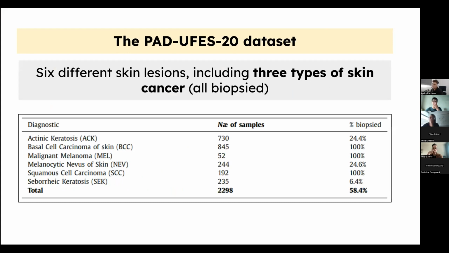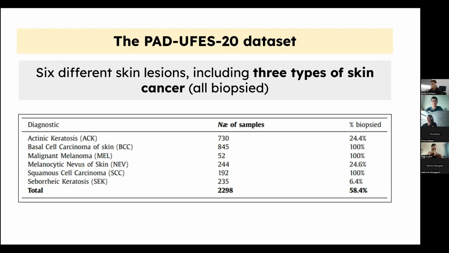The dataset contains 6 different types of skin lesions, including 3 types of skin cancer. As you can see in this table, all cancers, which are the basal cell carcinoma, squamous cell carcinoma, and the melanoma, are all biopsy proven. And for the other types of skin lesions, only a percentage were biopsied.